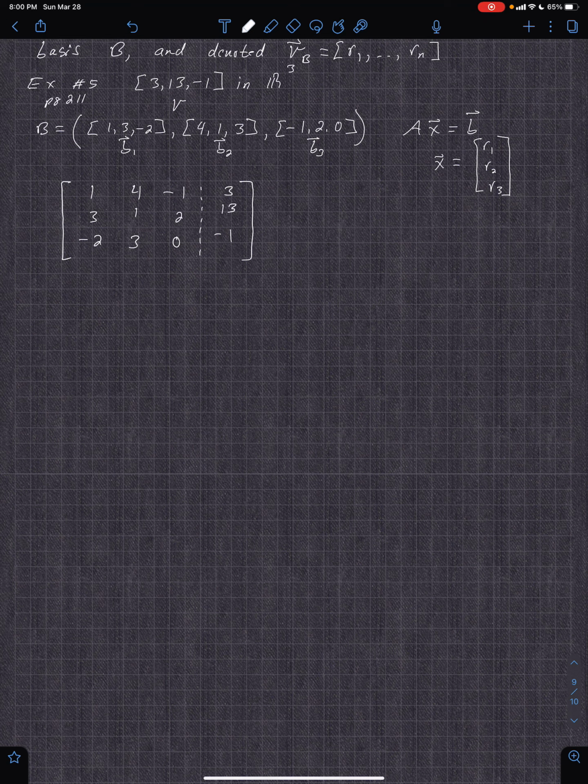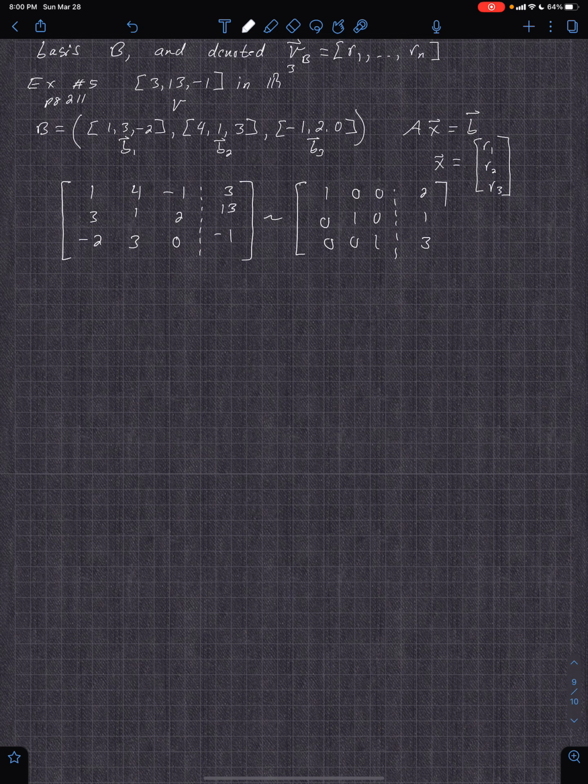So that's solving the system, right? I didn't do all the little details here like I've done in the past. You're basically saying the r's in here equal to that. So here's R1, R2, R3 equal to this, and then you're finding that coordinatization. Just row reduce it, and you'll get the identity matrix, and you get 2, 1, 3.